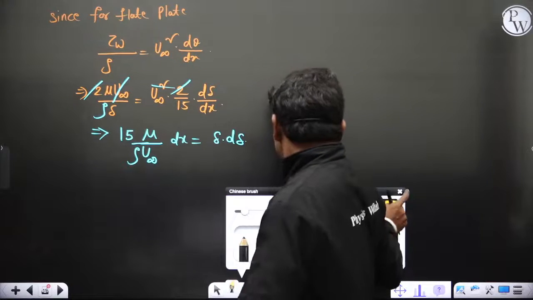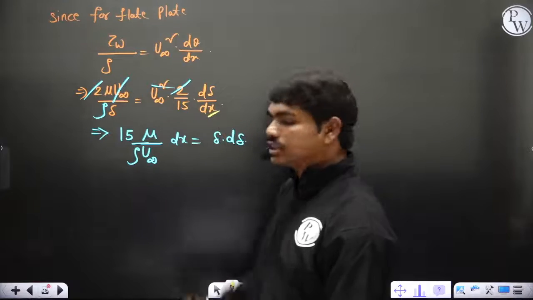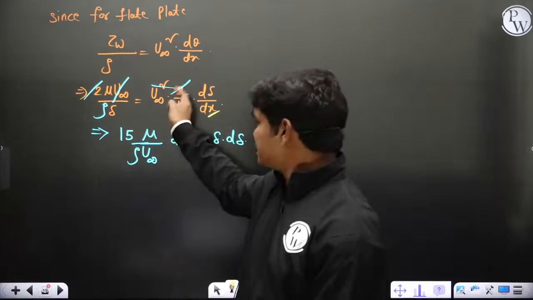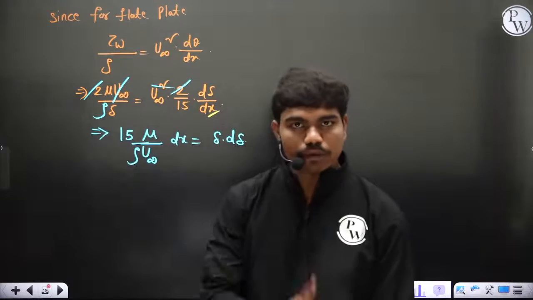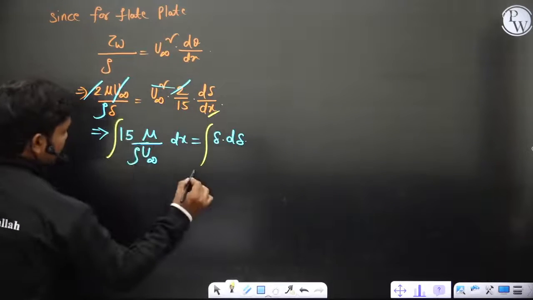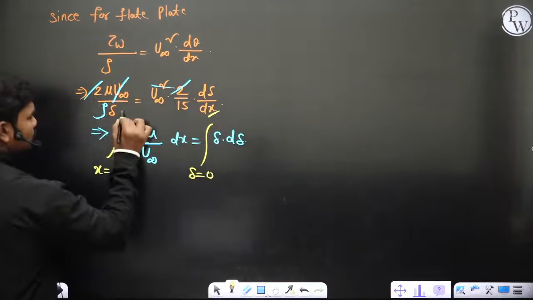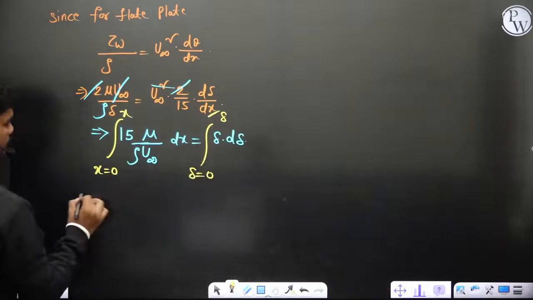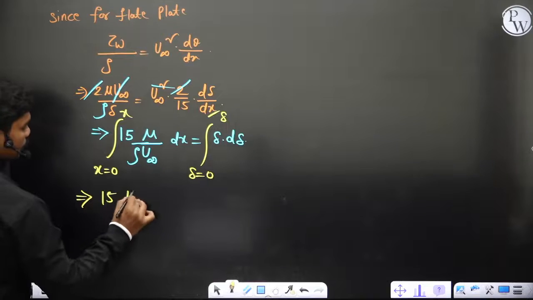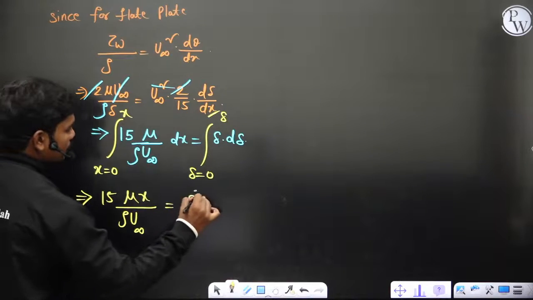To solve this we need one boundary condition, because it's a one dimensional spatial equation. It's a first order differential equation, so we need one boundary condition. What is that boundary condition? Loosely we can say at x equal to 0, delta is also 0. If you integrate, you can see 15 mu by rho u infinity times x is equal to delta square by 2.